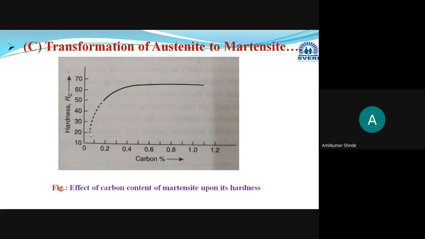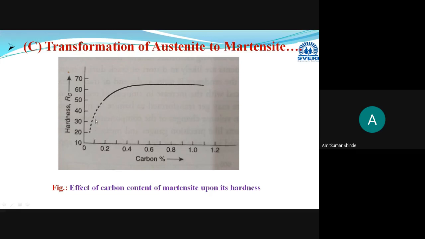In the classification I told you that plain carbon steels are classified into low carbon, medium carbon, and high carbon steels, and the low carbon steels are termed non-hardenable steels. We are not able to get the cooling cycle that will form martensite at room temperature. It is almost impossible to achieve that cooling rate and transform the austenite into martensite in low carbon steel. Hence, these are termed non-hardenable steels. That's why it is shown in dotted form.